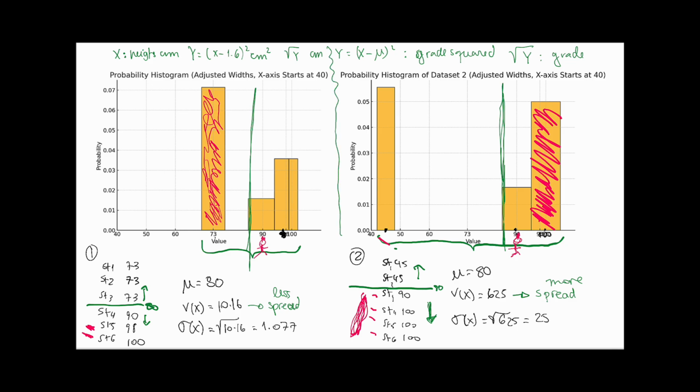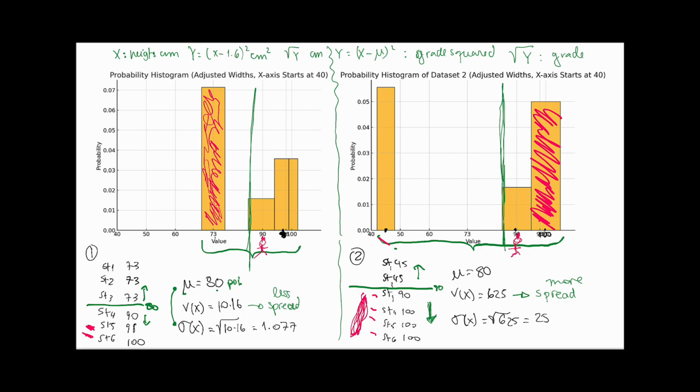So here you go. When I say I have a mean of 80 points with a variance of 10.16 points squared and a standard deviation of 1.077 points, it's easier to understand the units of mean and standard deviation because they're the same.